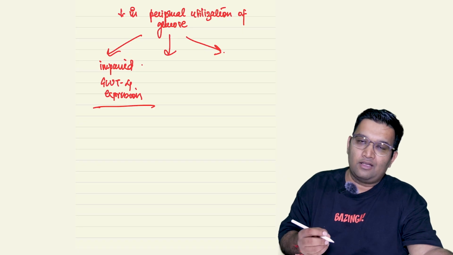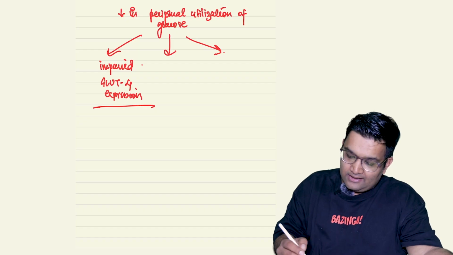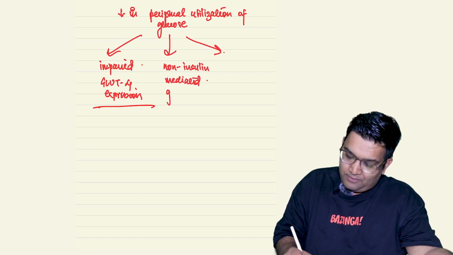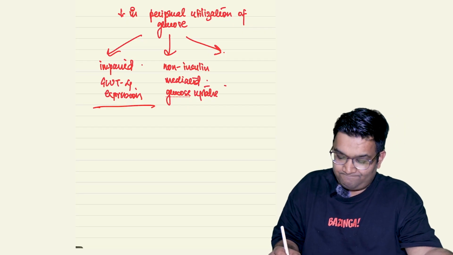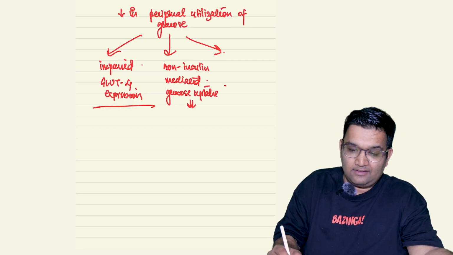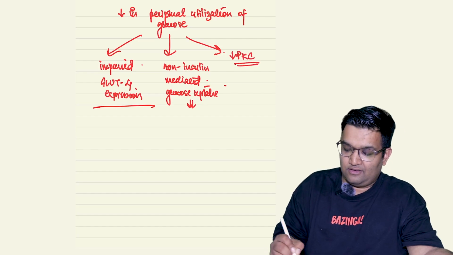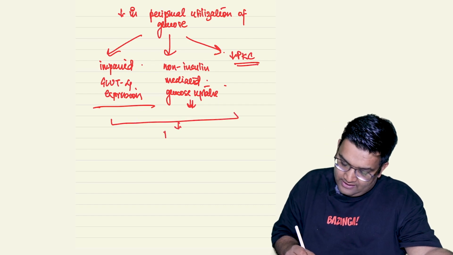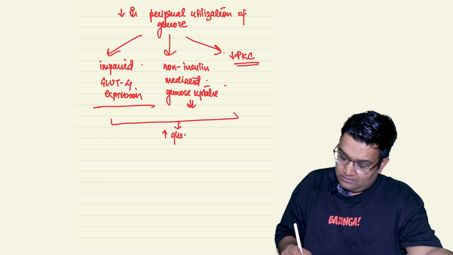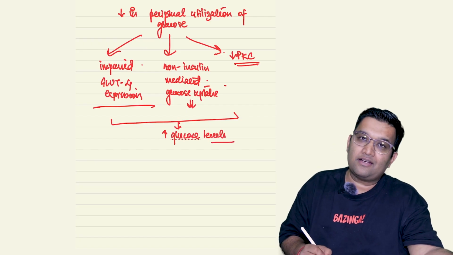Because of that, there is going to be a lot of glucose in the bloodstream. The other thing is the non-insulin mediated glucose uptake is also going to reduce. And the third thing is that there is going to be a reduction in protein kinase C. So all three things are going to cause an increase in glucose levels.